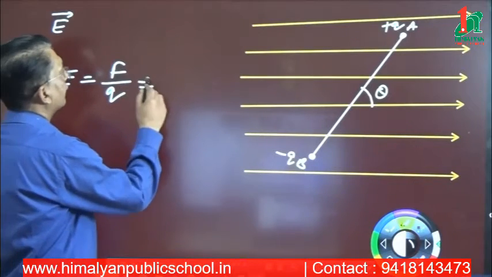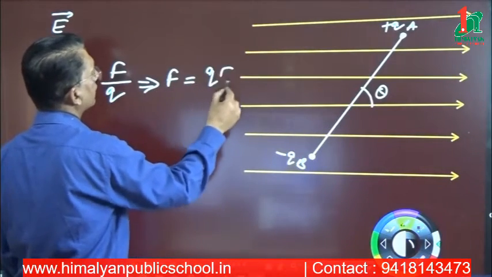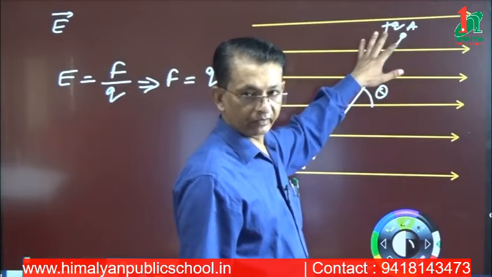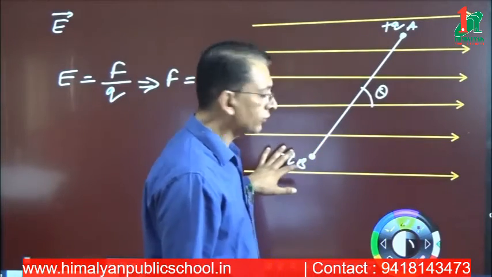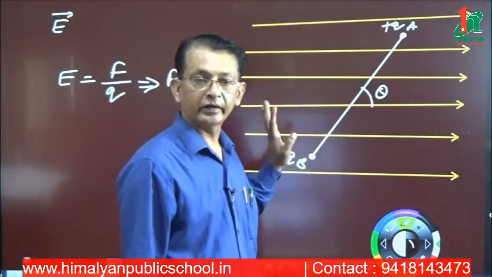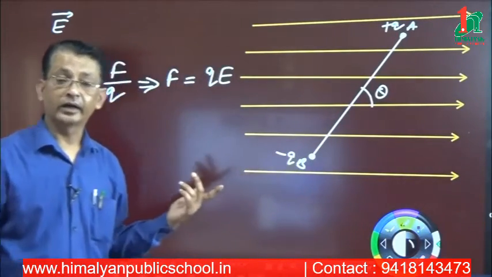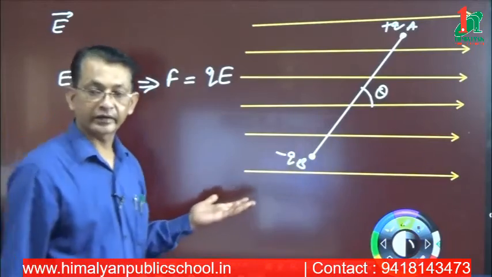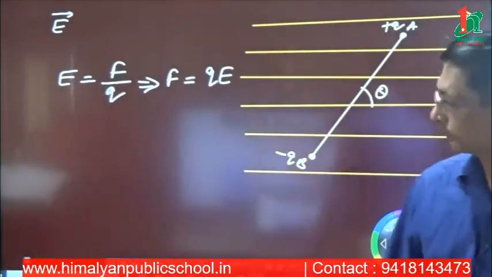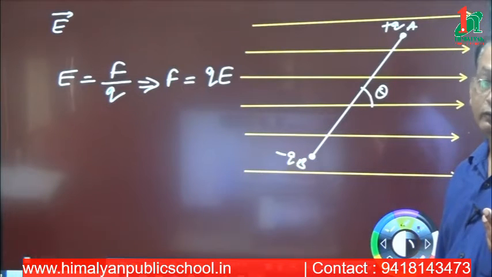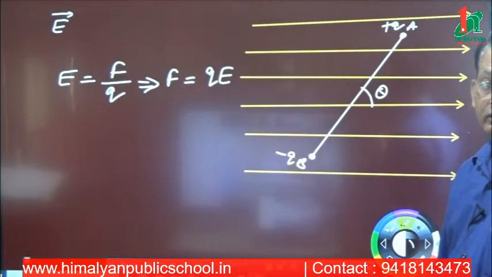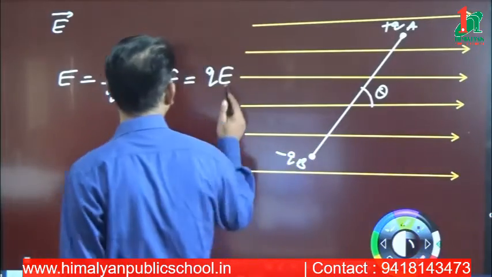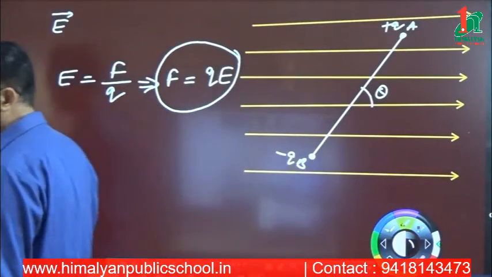So from here we can find the force, that will be Q into E. This force will act on charge plus Q when it is placed in electric field, and the same force acts on charge minus Q. It means when we put an electric dipole inside the electric field E, its charges will experience forces, and the magnitude of that force is F is equal to Q into E.